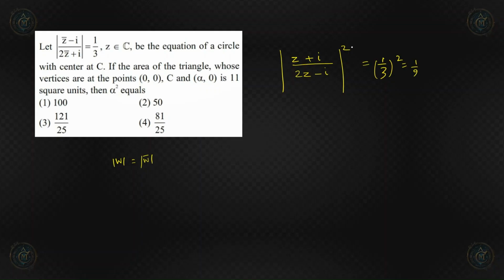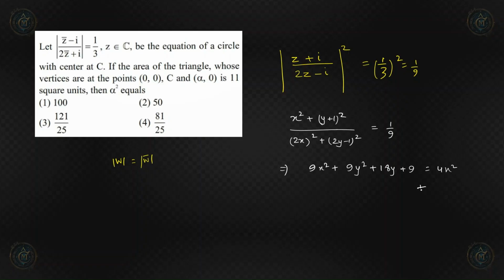So then mod of z plus iota whole square will be x square plus (y plus 1) whole square, because this will be x plus (y plus 1) times iota. And then divided by modulus of 2z minus i whole square, which will be (2x) whole square plus (2y minus 1) whole square, is equal to 1 by 9. So then we have 9x square plus 9y square plus 18y plus 9 equals 4x square plus 4y square minus 4y plus 1.